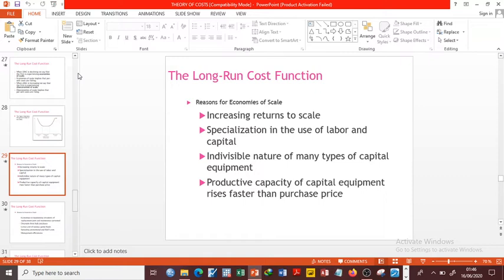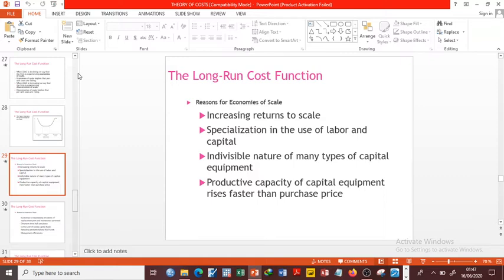For example, specialization of labor means we are basically using people that are experts in a particular role in a farm, people that have the skills in doing a particular kind of job or type of work in a given business. And definitely this will increase output because they know the best way to do it, how to increase output.